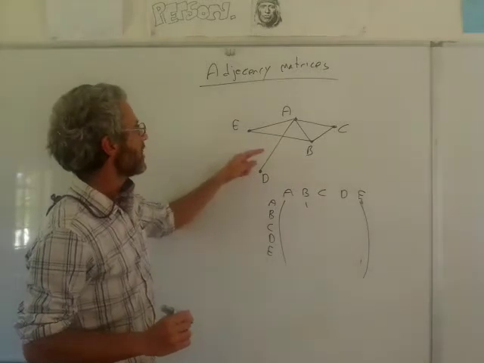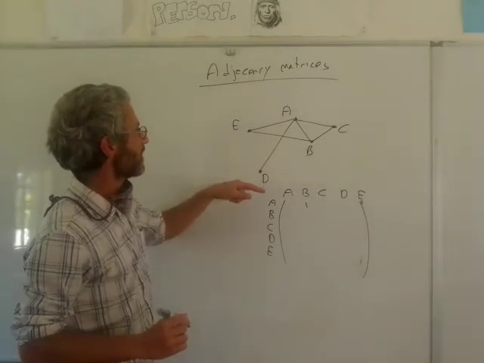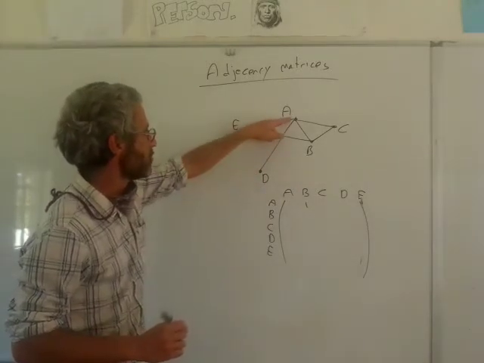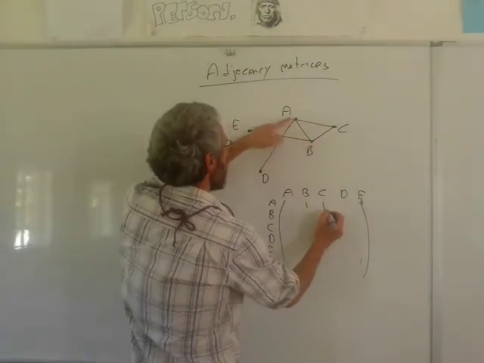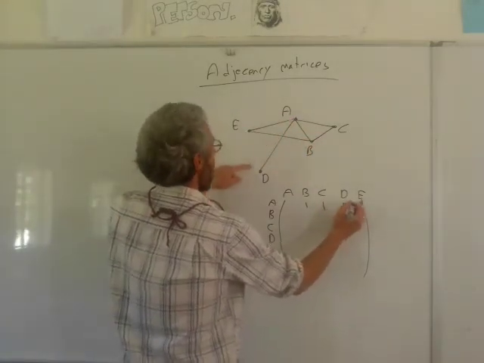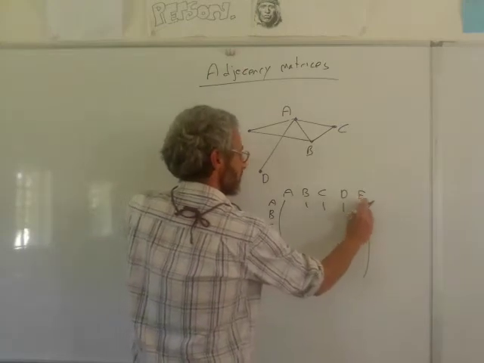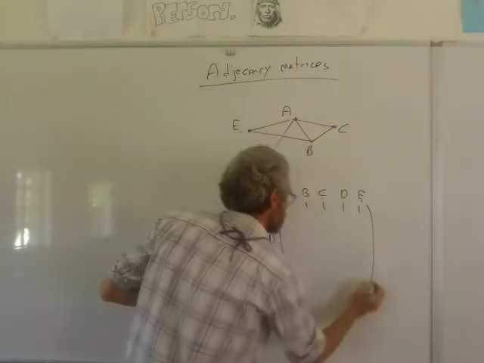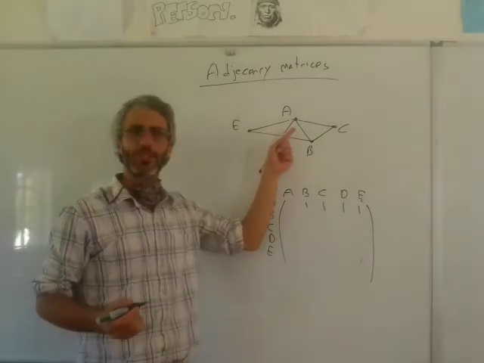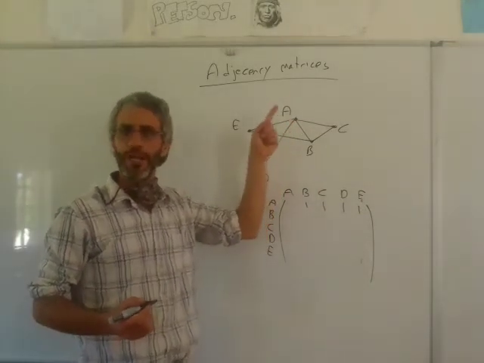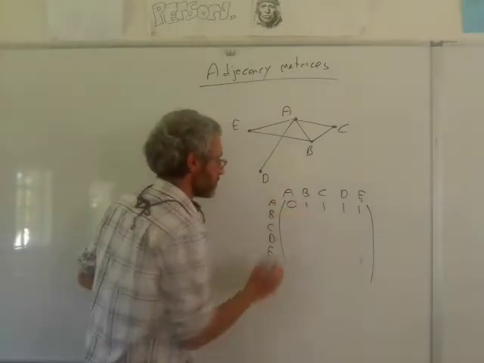Actually, A is connected to all of them. A to C? Yes, so I'm going to put 1. A to D, yes. A to E, yes. Okay? We're not all going to fill it with 1s. You will see a bunch of zeros. Now, is A connected to itself through a loop? No. So we're going to put a 0.